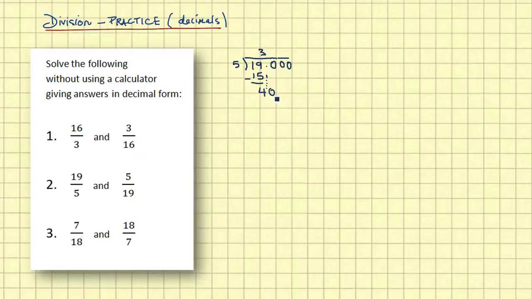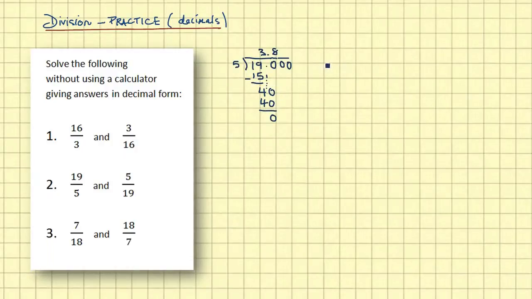Okay? 40 tenths, or 40, divided by 5 is 8. So if we put our decimal point here, keep everything in line, put our 8 at the top, we multiply our 5 times our 8, gives us 40 again, and so we've got no remainder. So the answer to 19 divided by 5 is 3.8. Nice and straightforward.